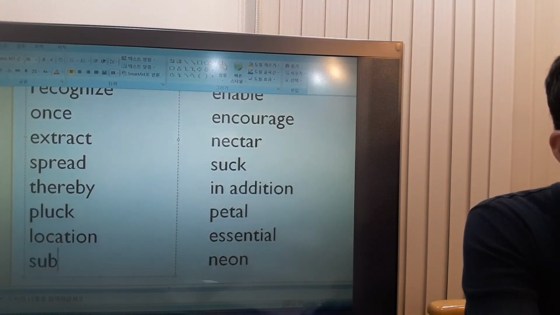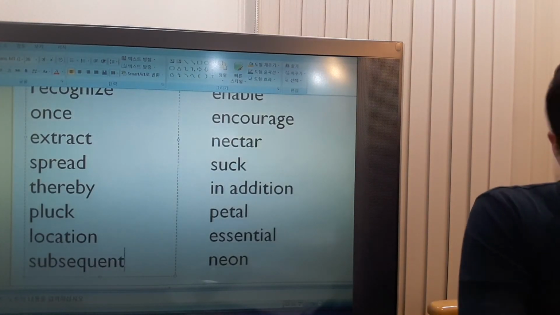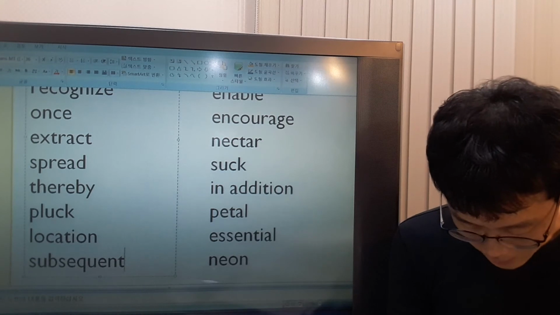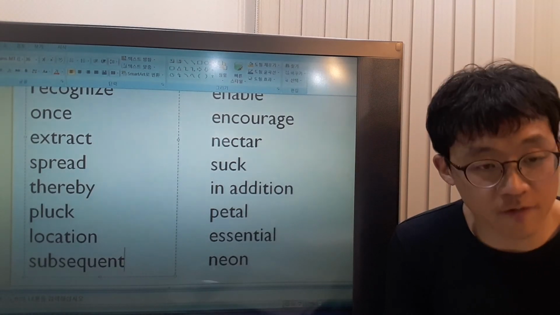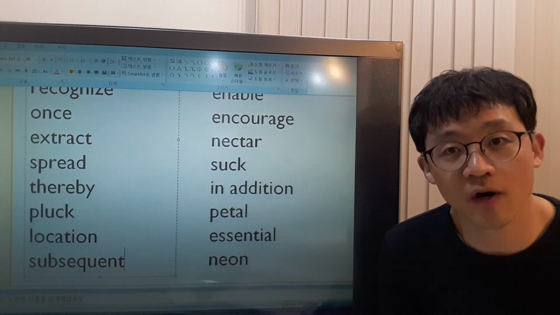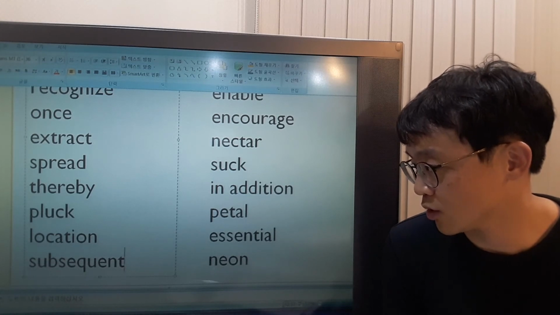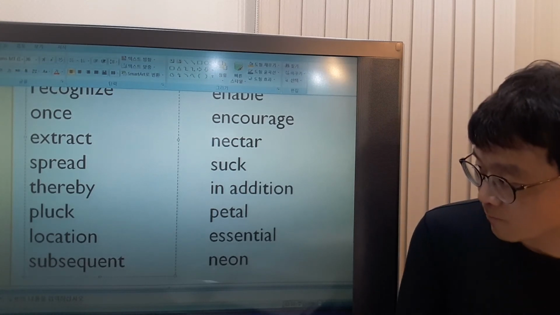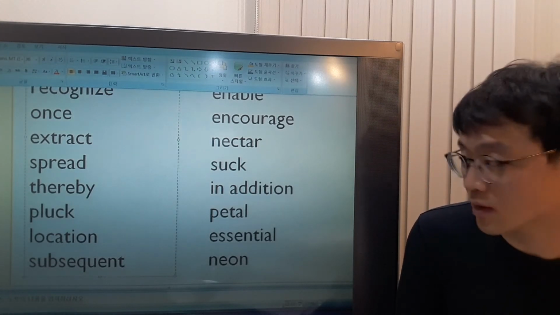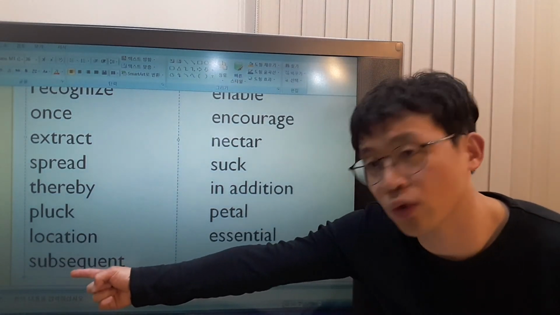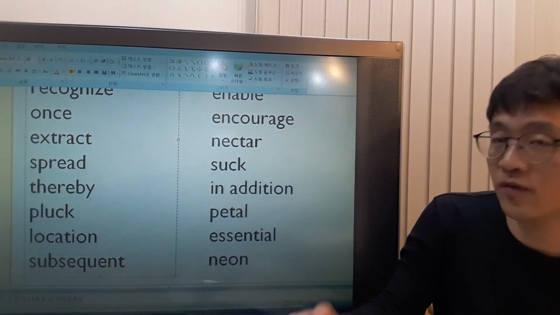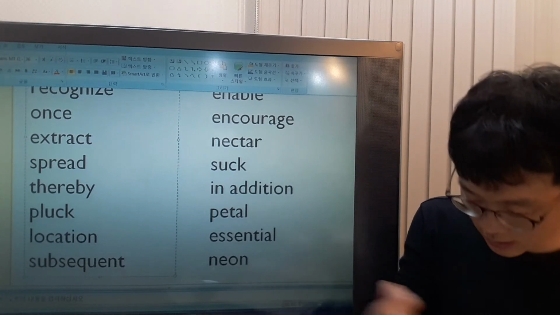Subsequently. Subsequent means following that. You understand? Following that. Okay? So that means after that, this happens. Alright? Subsequent. What does sequent mean? Sequent means following an order. You understand?